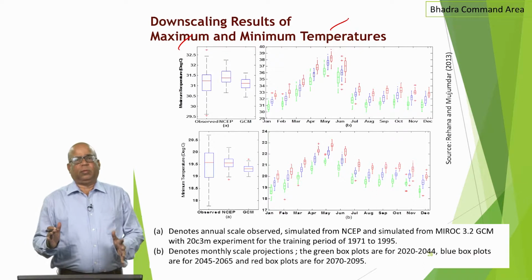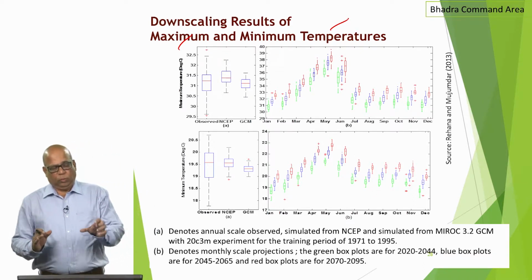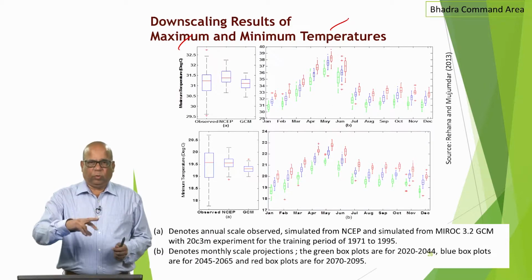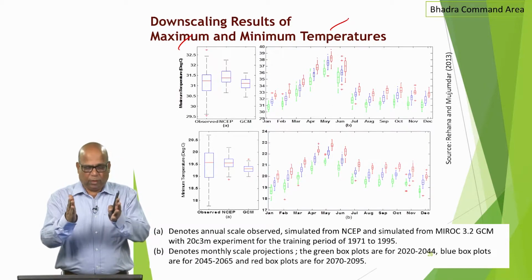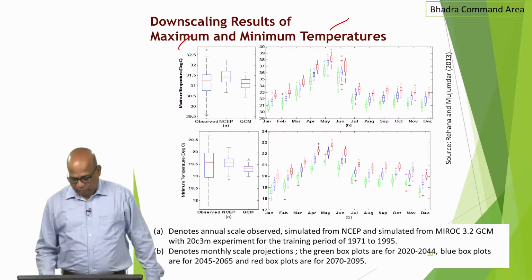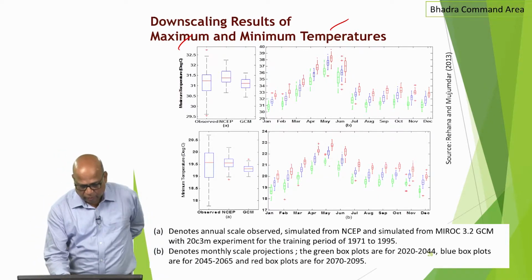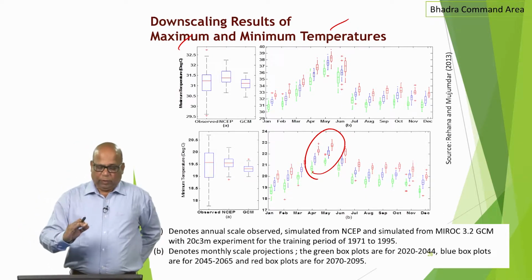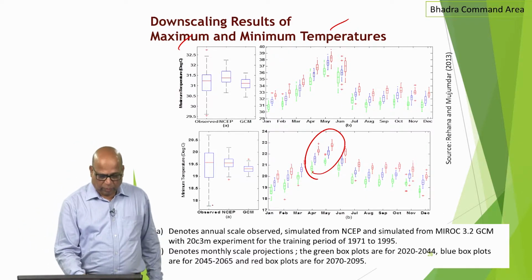The procedure remains the same: for maximum and minimum temperatures, you use certain predictors, use a transfer function approach, and bring from larger scales to smaller scales. That is the idea, and then you plot what are called box plots, which show, for example, a minimum value, a median, and a maximum value, and so on.